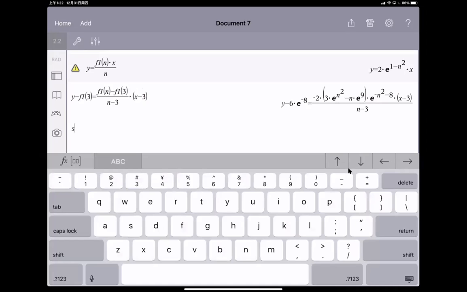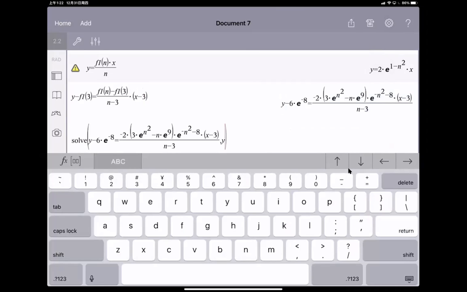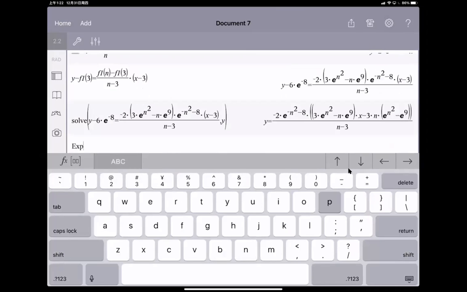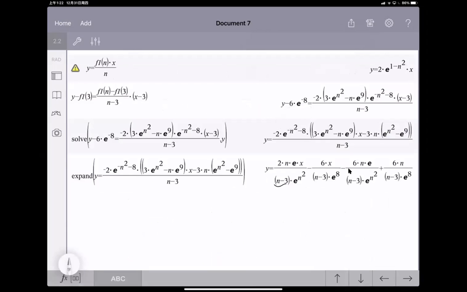To put it in y equals mx plus c form, you solve for y, expand it a bit, and you should get something like that, okay? And you can collect this term and this term. So put it like this in a bracket, cross out the x, and put the x outside the bracket, okay?